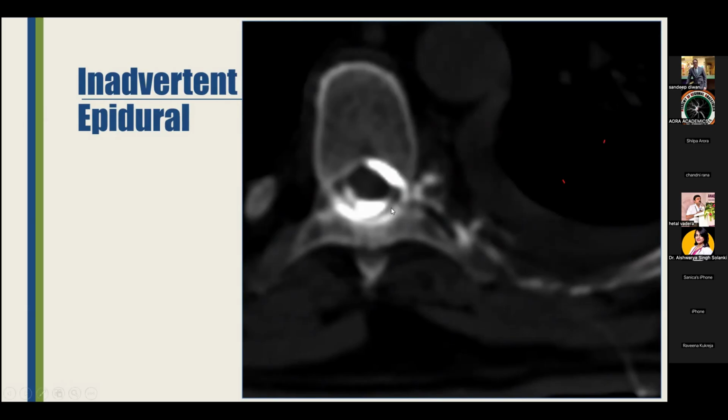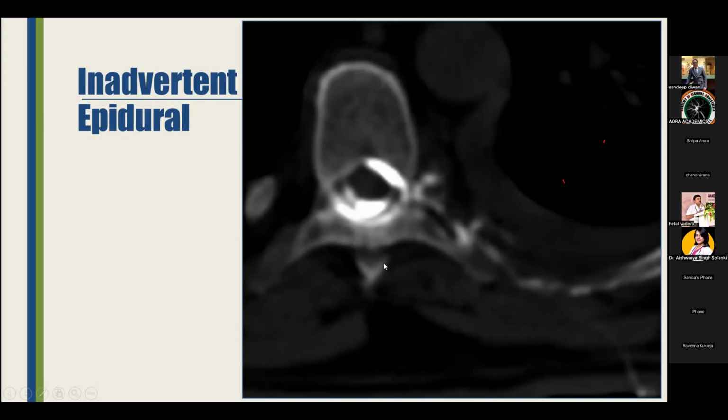So from the posterior part of the spinal canal, it comes more lateral and lies somewhere close to the intervertebral foramen. Not really in the intervertebral foramen, but closer to that. And I was traversing that particular area. Most of the times I used to find either the catheter or the drug lying in the epidural space.